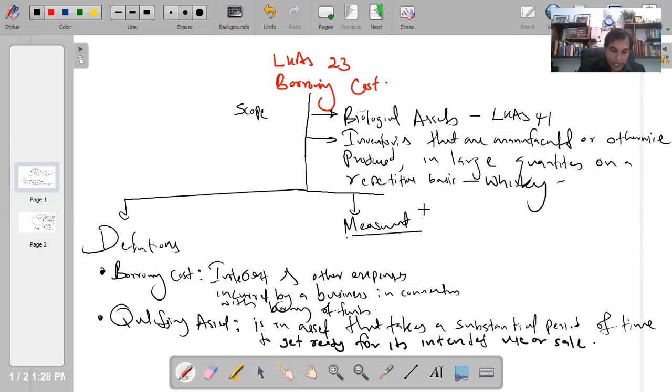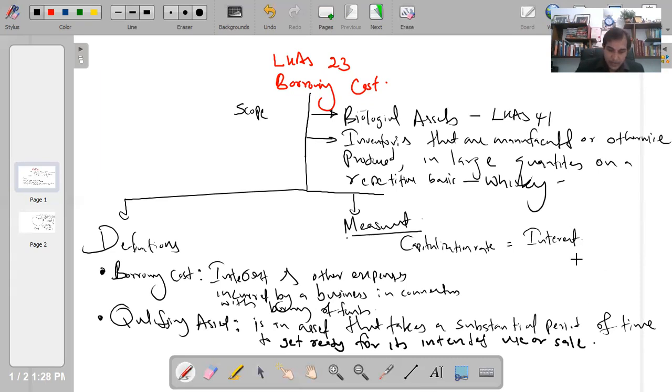We have to have a capitalization rate. Capitalization rate equals interest, because there are many loans at different rates, maybe debentures, maybe bank loans. Likewise, in different methods the entity can obtain loans, right?